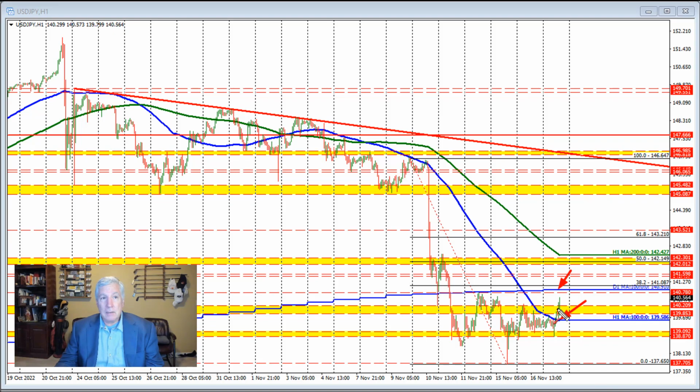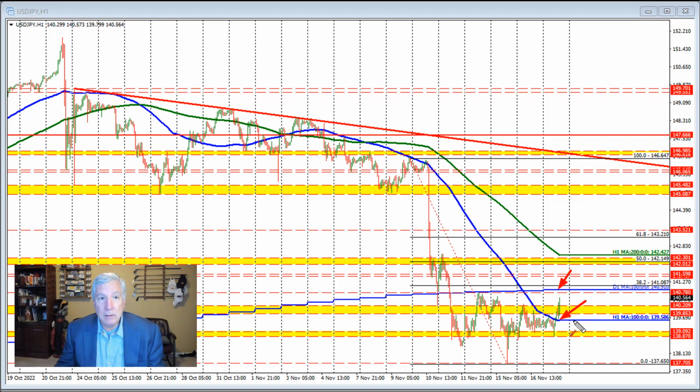Although it doesn't look very far away, the dollar versus yen has had some pretty big ranges. This is 140.20, and this is the 100-day moving average at 140.90. So it's about 70 pips from here to here, and the price got about halfway there and then started to rotate back to the downside. The rotation to the downside did find support against the 100-hour moving average.